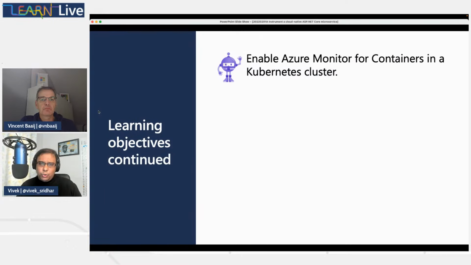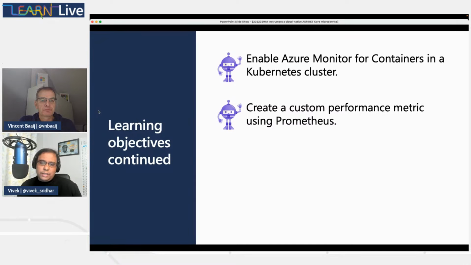Then we'll go in depth with Azure Monitor for containers, specifically for Kubernetes clusters. Since we have this microservice application on a Kubernetes cluster, we will see how you can extract metrics from the containers, and then add custom performance metrics using Prometheus. We will see how you can use Azure Monitor with Prometheus and get metrics from Prometheus as well.